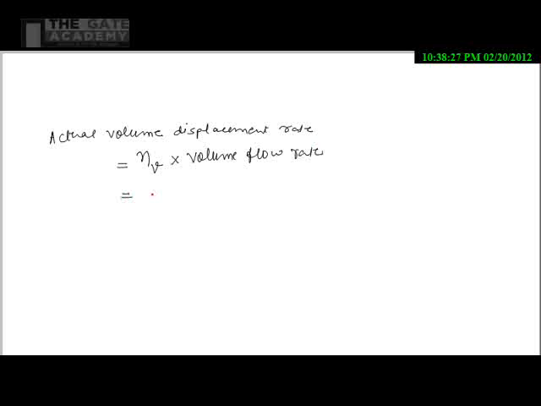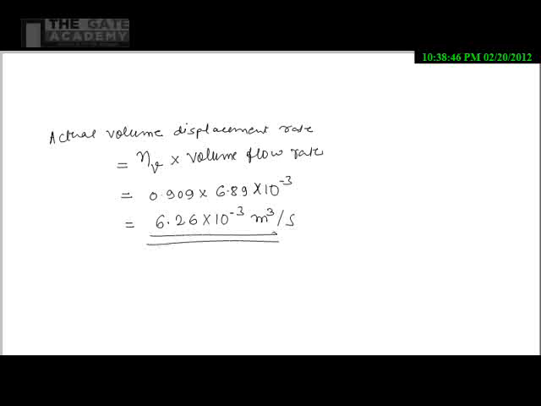So 0.909 into 6.89 into 10 to the power minus 3. If we calculate this, we will get 6.26 into 10 to the power minus 3 meter cube per second. So the correct answer is 6.26 into 10 to the power minus 3 meter cube per second.